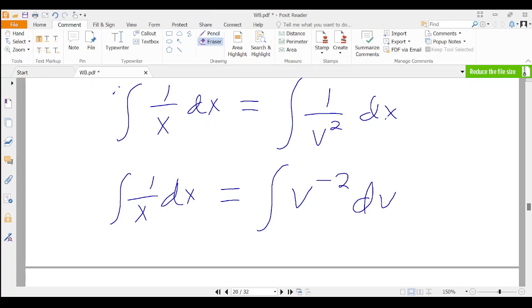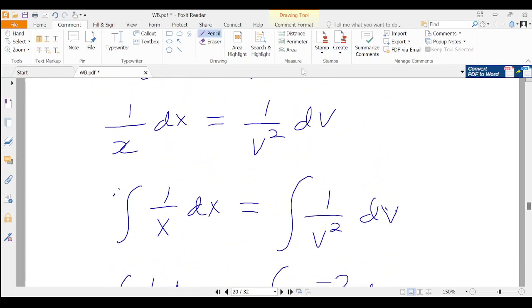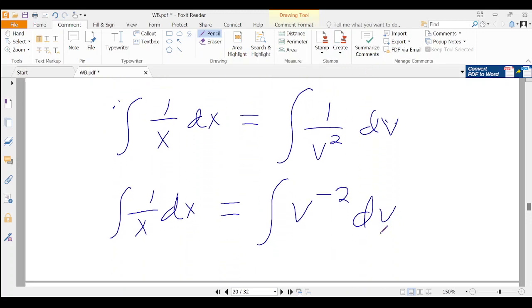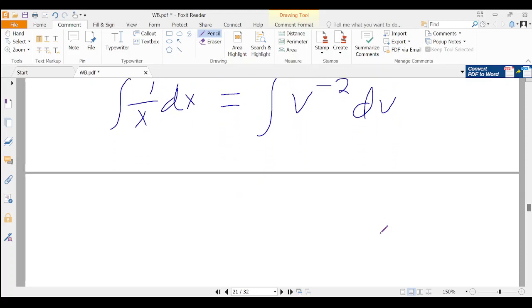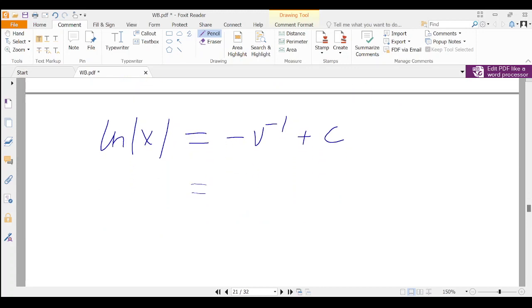This one is v, not x. Notice that we have v here, so we are integrating with respect to v. So we can now integrate. Integration of the left-hand side will give us the logarithm of x, and the right-hand side will give us minus v raised to the power negative 1 plus a constant, or minus 1 over v plus c.